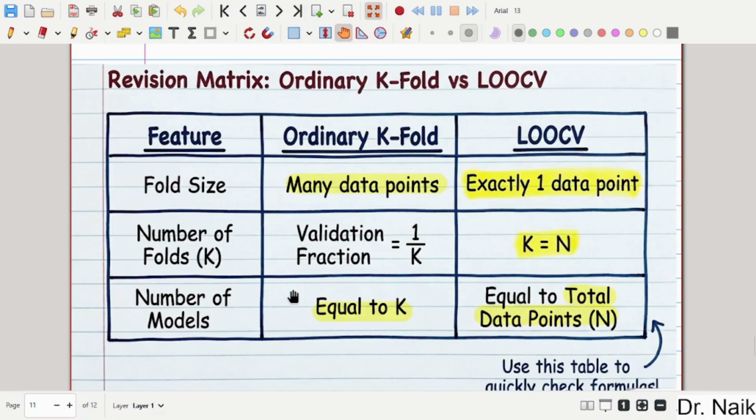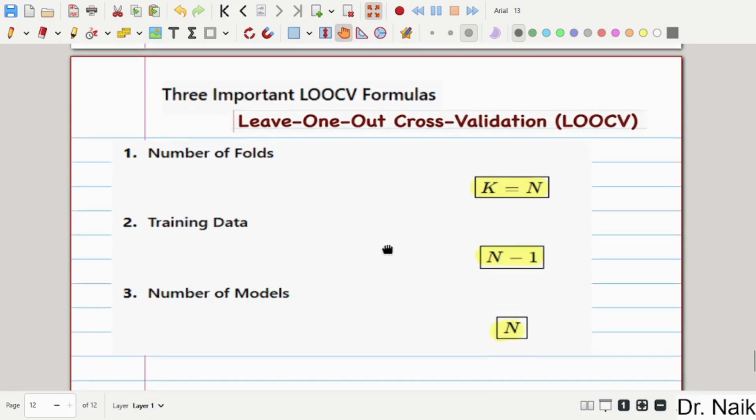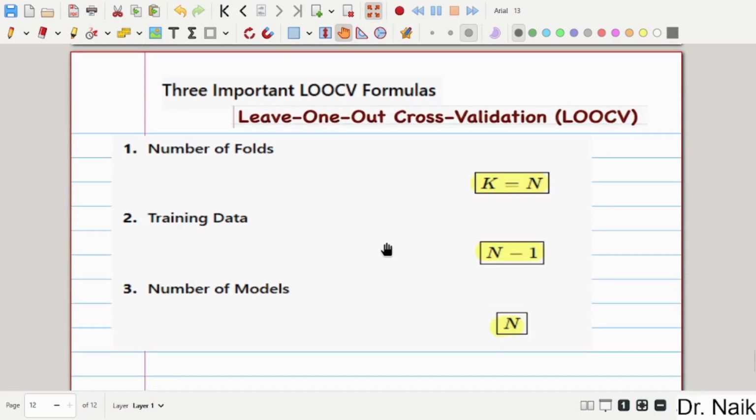The number of models in ordinary k-fold is equal to k, while in leave one out cross validation the number of models equals the total data points, that is capital N. So the formulas used in leave one out cross validation are: number of folds k is equal to n, where n means the total number of data points, training data is n minus 1, and the number of models is capital N. Thank you.